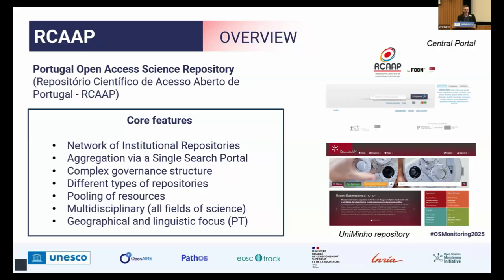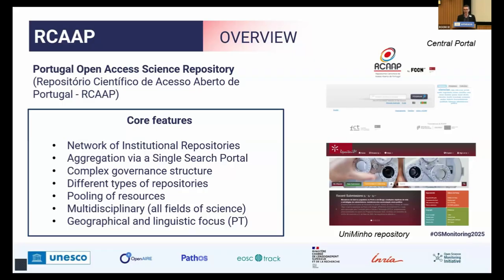This system has key features, including a complex governance structure, because there is the RCAP central system, which manages the infrastructure, and then all the participating institutions in Portugal, including universities, hospitals, and other types of stakeholders. It means that there are different types of repositories which are part of RCAP.